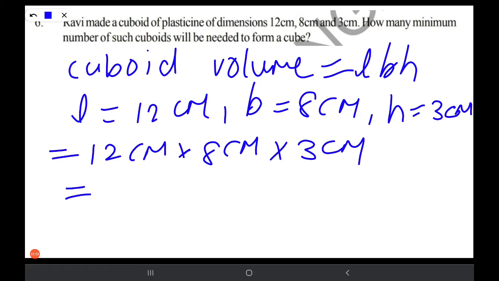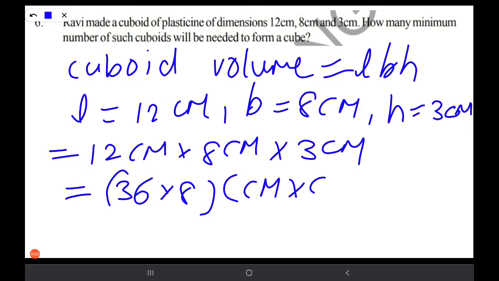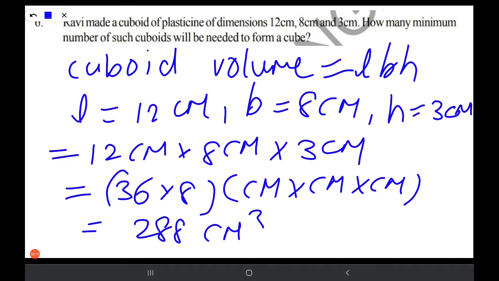So 12 into 3 is 36, and into 8. Centimeter into centimeter into centimeter. So 36 times 8 becomes 288 centimeter cube. This is the volume of the cuboid.